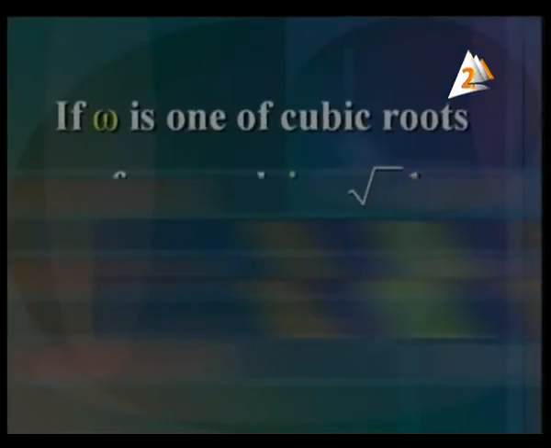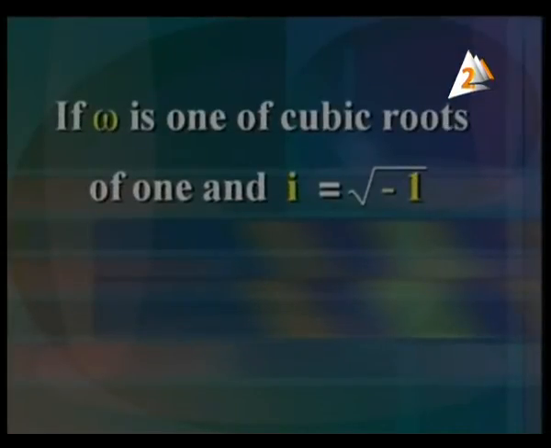Another example. If omega is one of the cube roots of 1 and i equals the square root of negative 1, prove that the determinant 1, i, omega, i, negative omega, 0, omega squared, i, negative omega squared, omega equals 0.